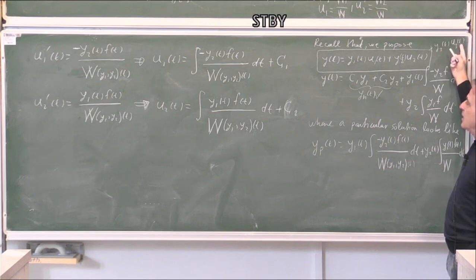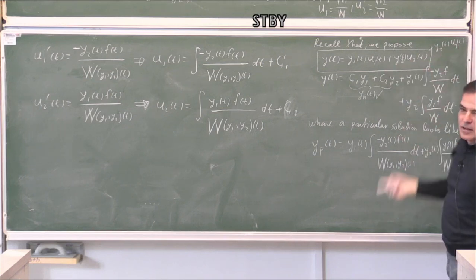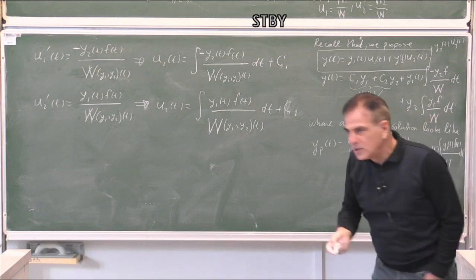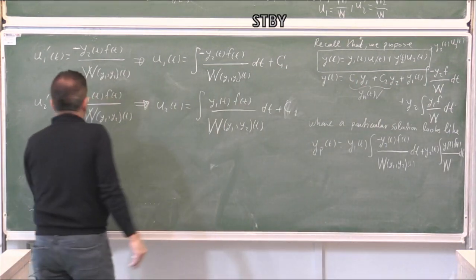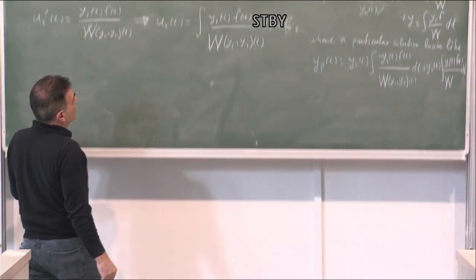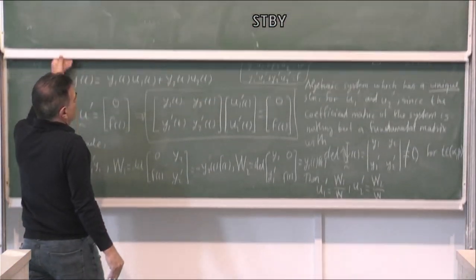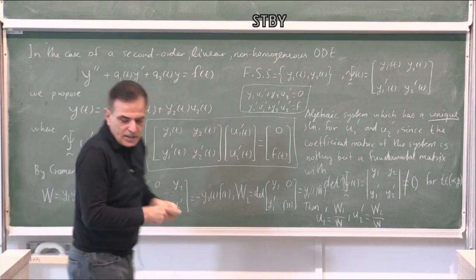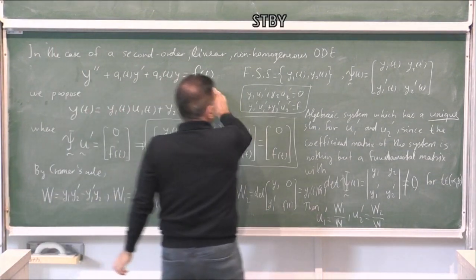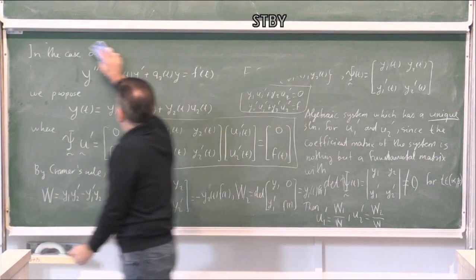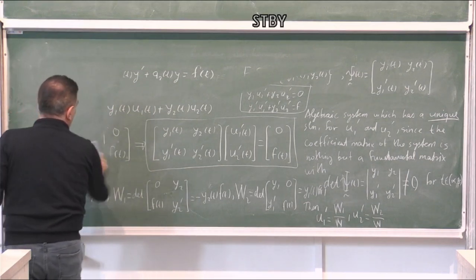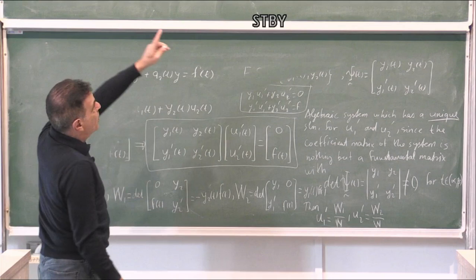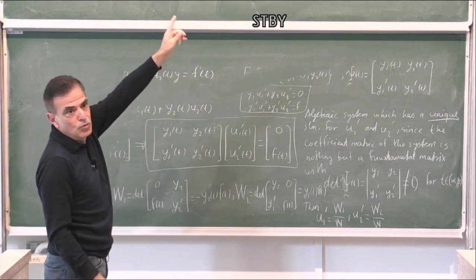So in general, it contains n terms. Good? Now, let us solve a few examples and finish without memorizing any formula, just keeping in mind that a proposed solution should be of the form y1 u1 plus y2 u2 and so on.